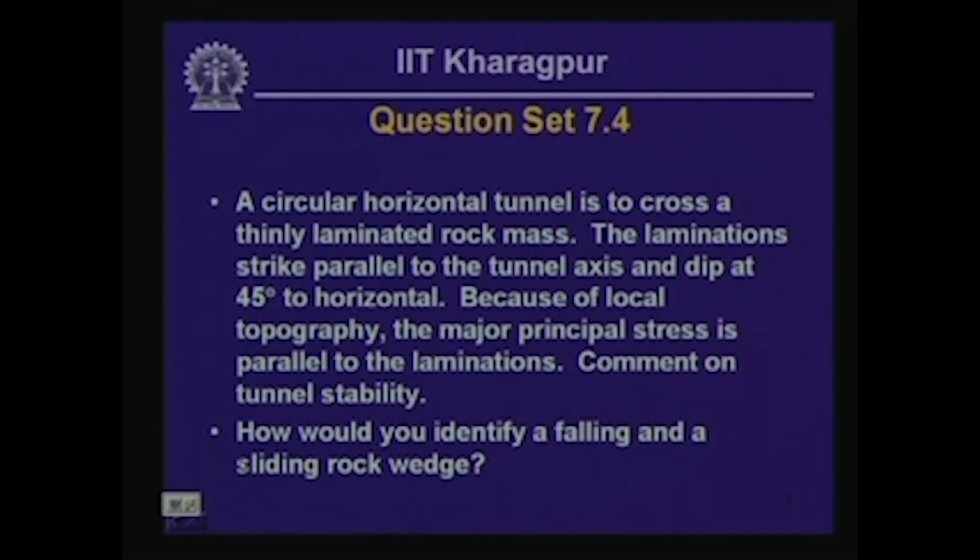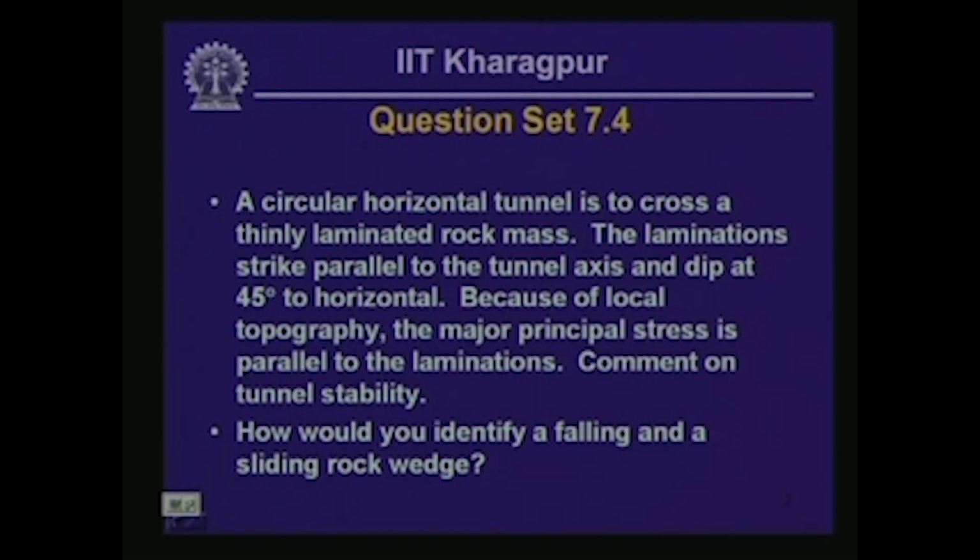The first question that I asked was, a circular horizontal tunnel is to cross a thinly laminated rock mass. The laminations strike parallel to the tunnel axis and dip at 45 degrees to horizontal. Because of local topography, the major principal stress is parallel to the laminations.